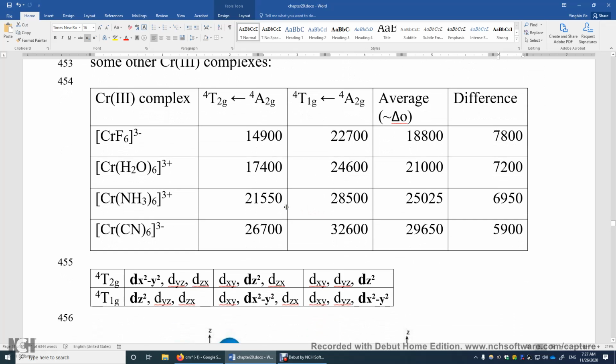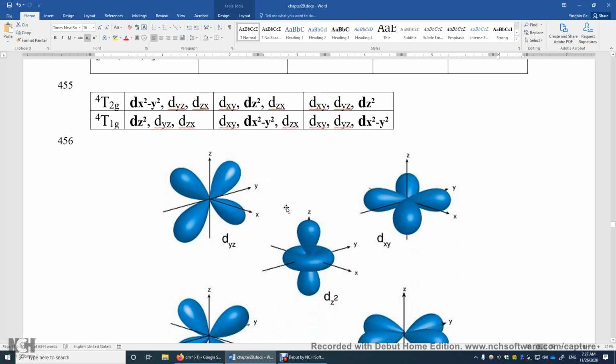Finally, I want to remind you again. This 4T2g and 4T1g have different energies because of the spatial distribution of the electrons. All right? And I want you to focus on the repulsion between dx squared minus y squared and dxy, because this is the most obvious strong repulsion case.